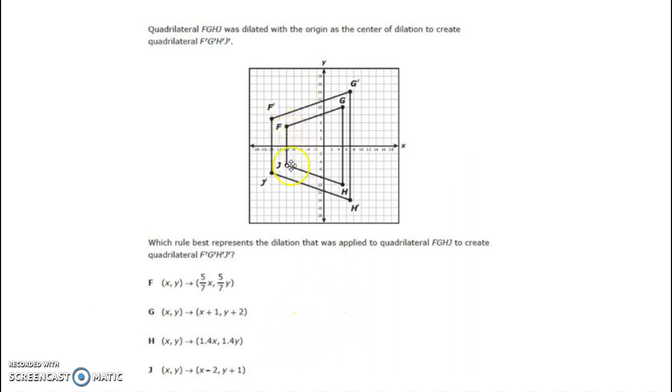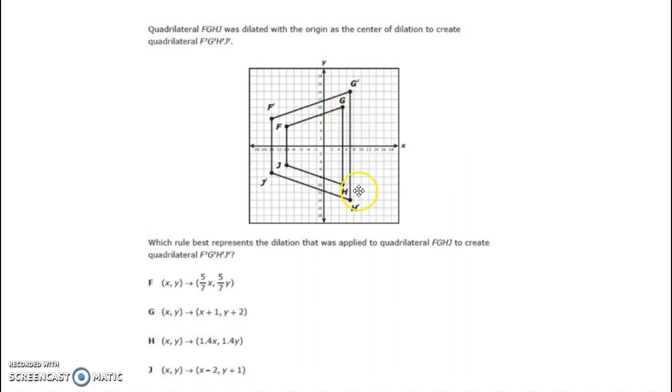So we know this is our original figure, and these with the prime marks, this is our dilation. So we can divide the new figure by the old figure. Let's see if we can count some sides here. Looks like we can count this one. So 1, 2, 3, 4, 5, 6, 7, 8, 9, 10.